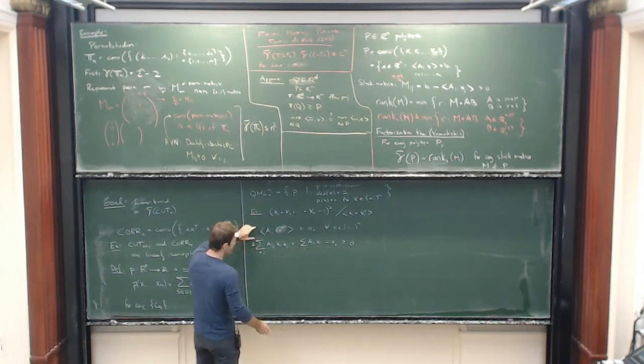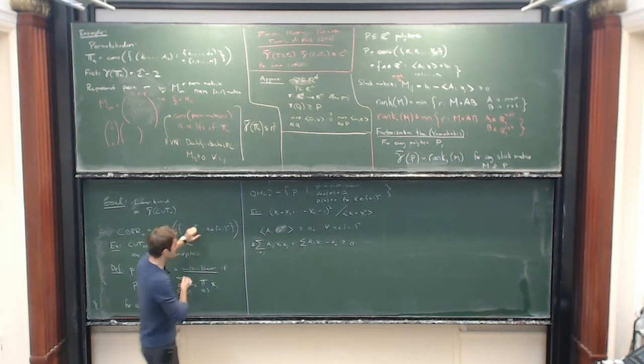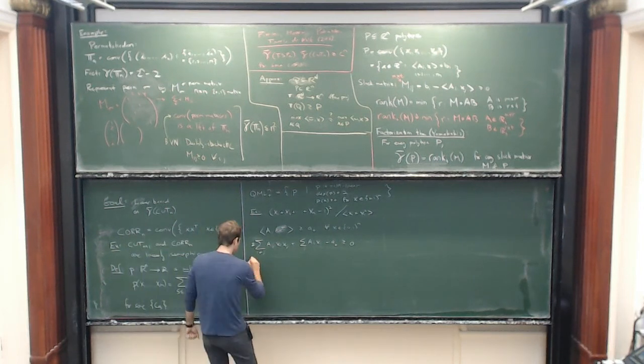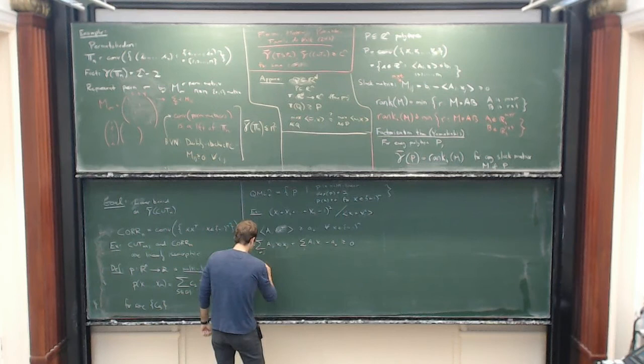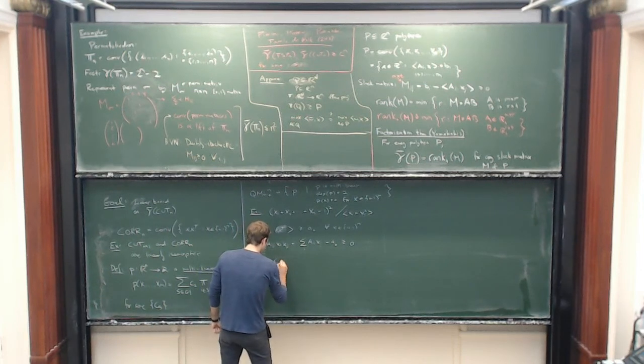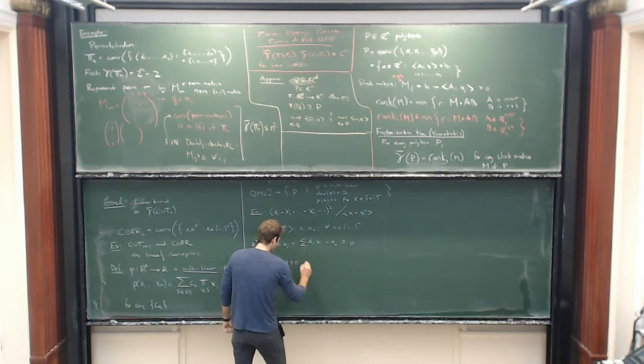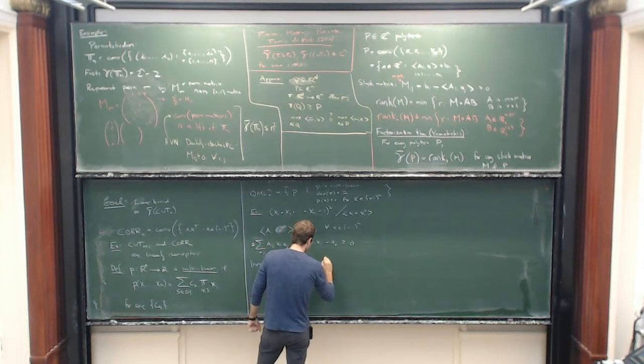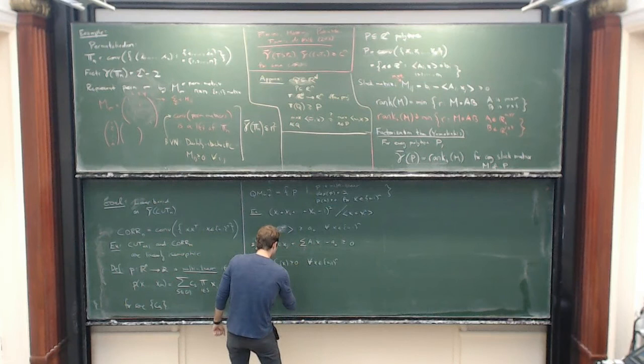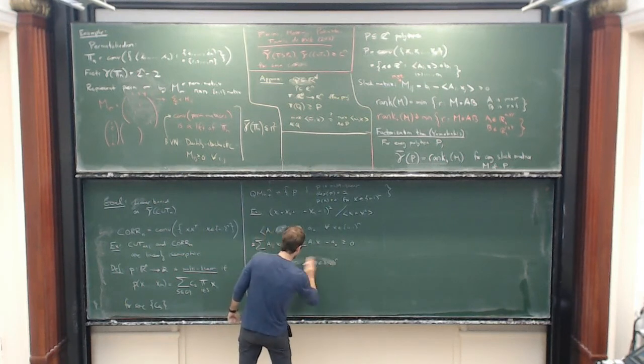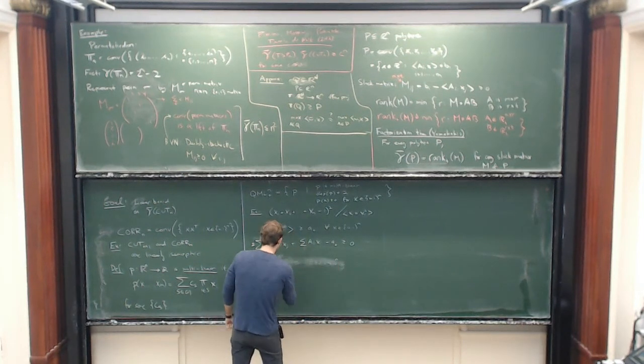So the point is the inequalities that are valid for the correlation polytope are exactly of the form f of x greater than or equal to 0.